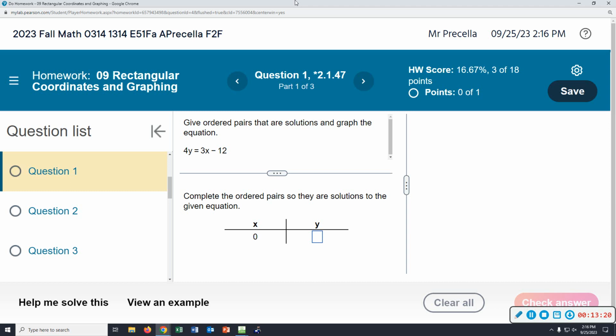They want us to complete the ordered pairs so that they're solutions to the given equation. Look at this x, y table they're making. And notice they have a 0 in the x column.